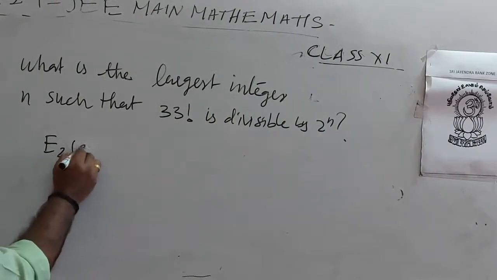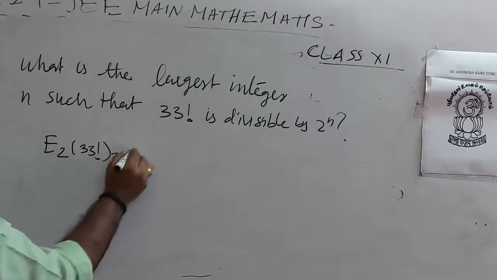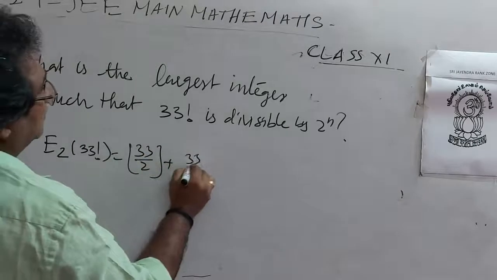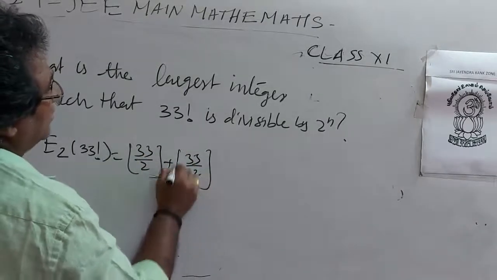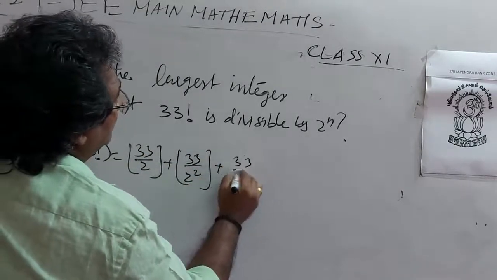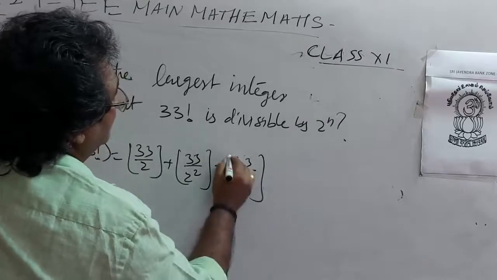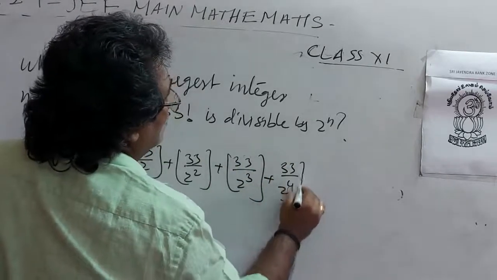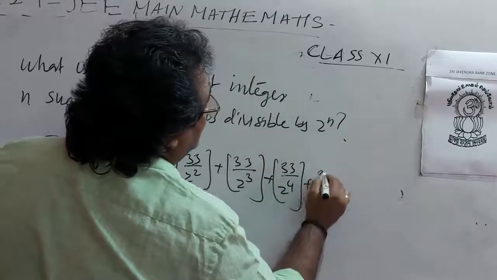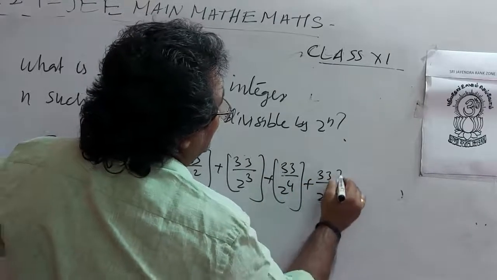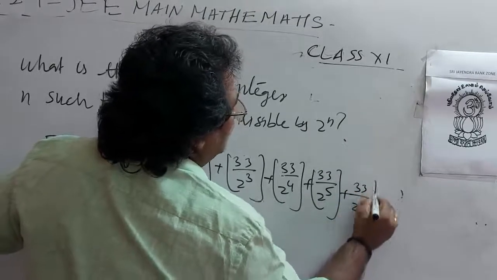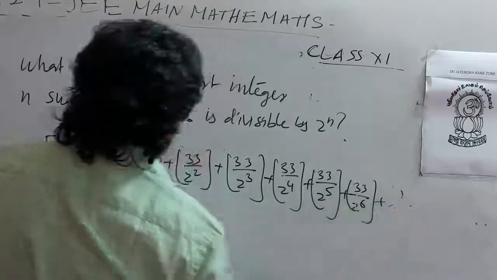So exponent of 2 in 33 factorial equals 33 by 2, plus 33 by 2 squared, plus 33 by 2 cubed, plus 33 by 2 power 4, plus 33 by 2 power 5, plus 33 by 2 power 6, plus etc.